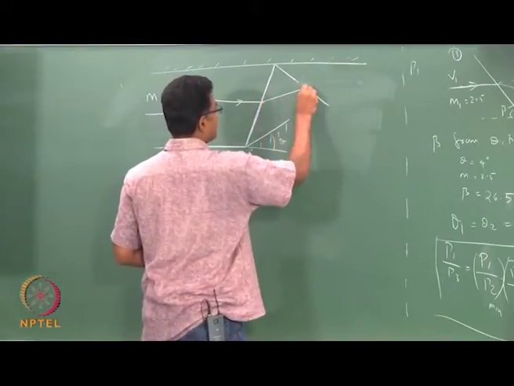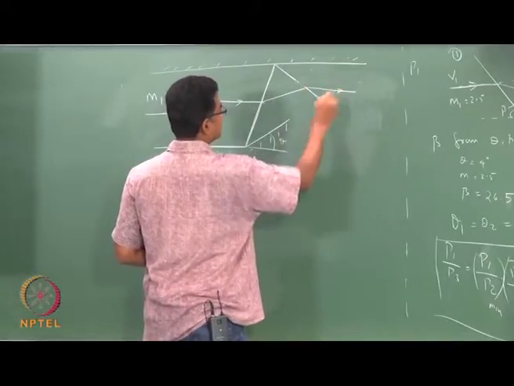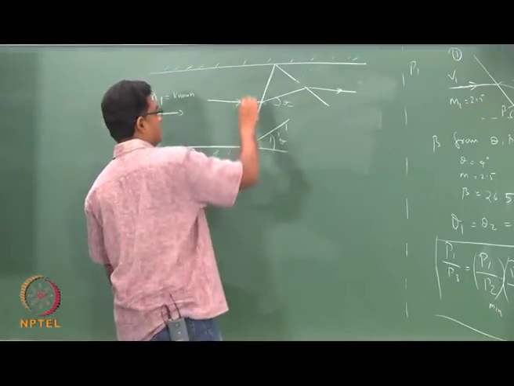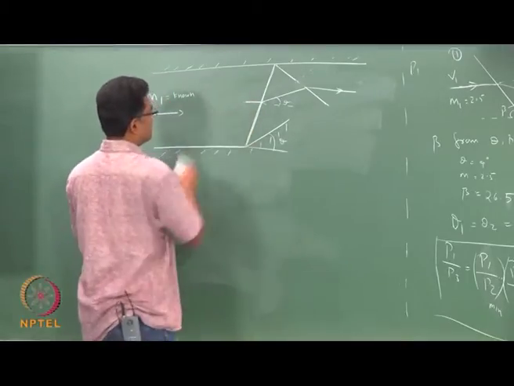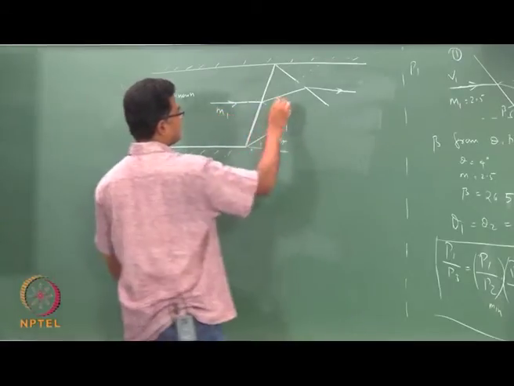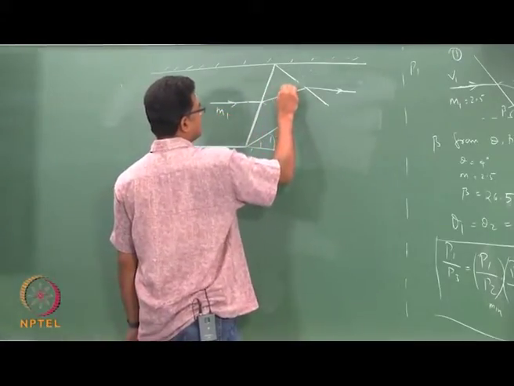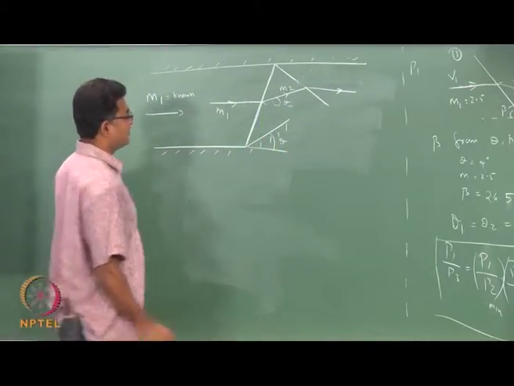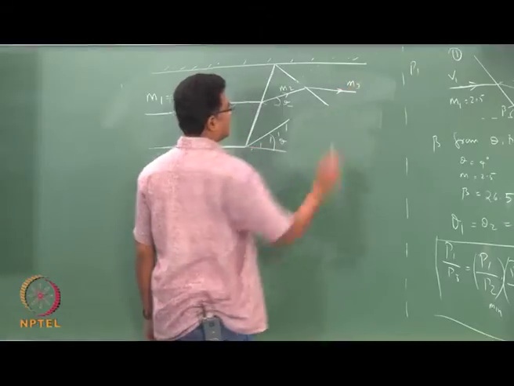So, it will be at some angle and then turns. So, I have M1 coming and hitting, the resultant Mach number is M2 and then I get M3.